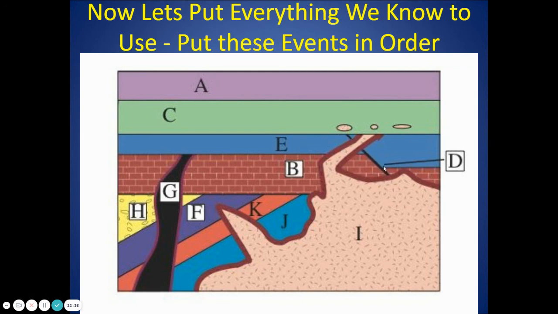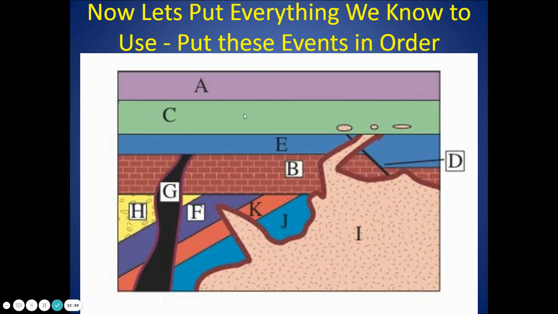Looks like it's a fault, right? Do you see these guys offset? So after E, we definitely have this fault, and it's up underneath this I. So I'd say E, and then this fault, which is D. That's what that little label is showing us.